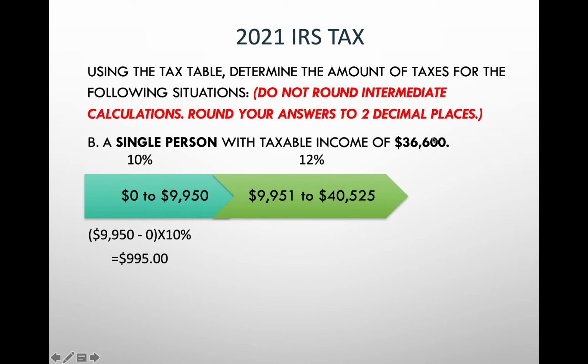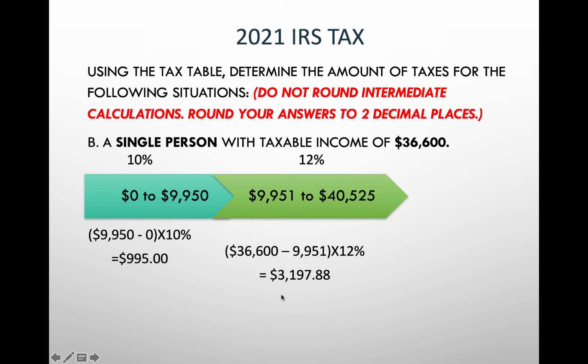Now I still have more money to go, so I'm going to continue pouring my income into the next bracket. And we can see 36,600 is within this bracket. We can see at the top end, it's around 40,525. So I don't need another bracket after that. I know this is where I'll stop. But my top that I'm going to use is the 36,600. And I'll take that and subtract my lower end of the range, the 9,951, and then take the difference of that number and multiply it by my applicable tax rate of 12%.